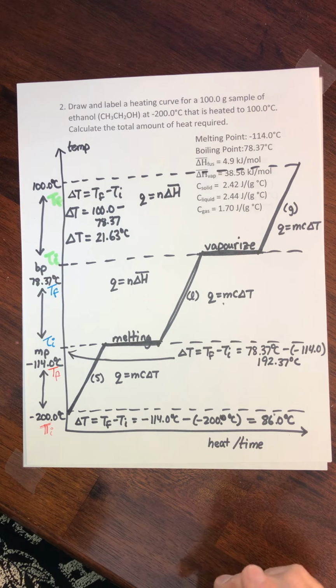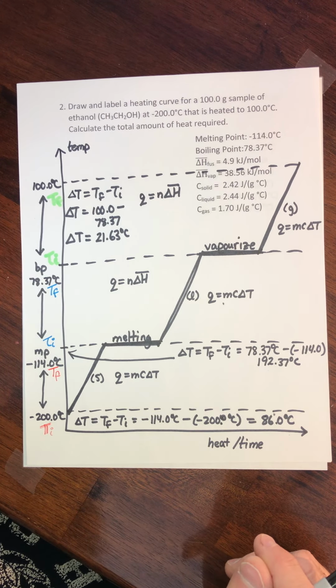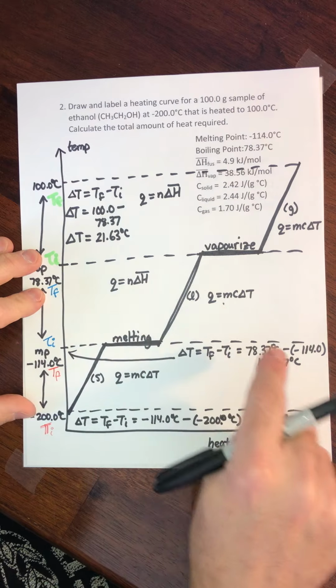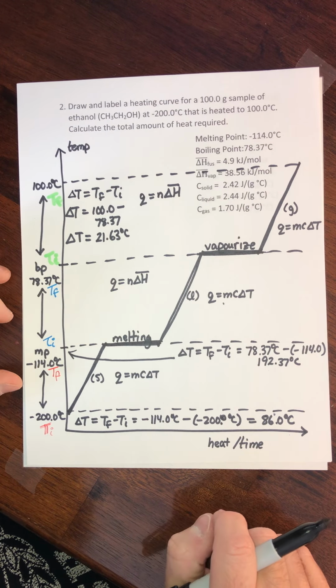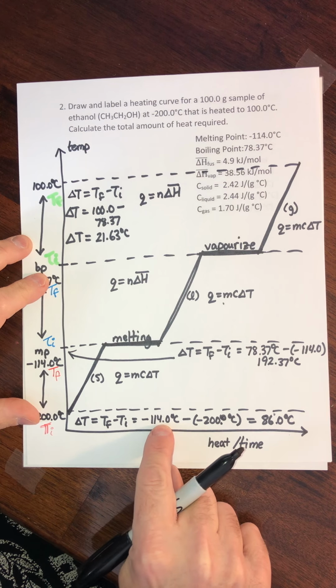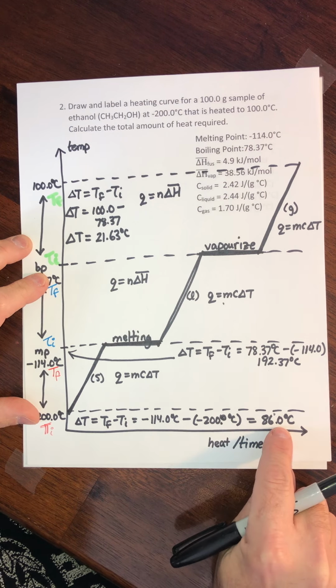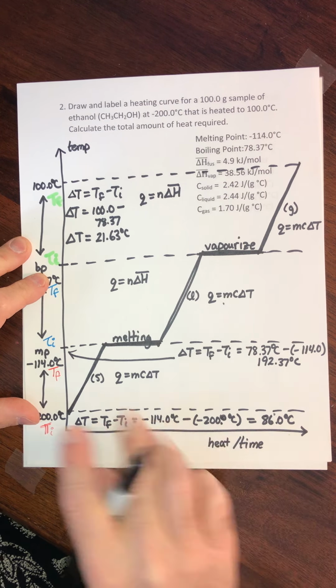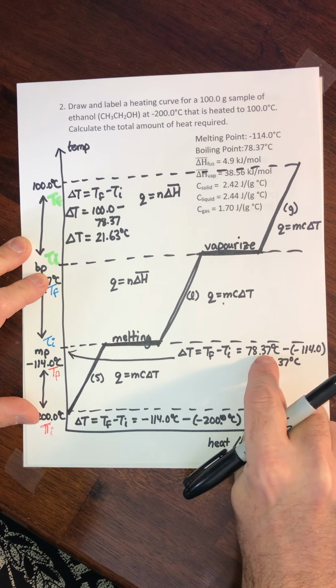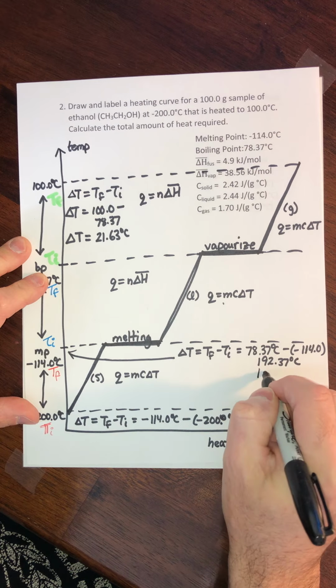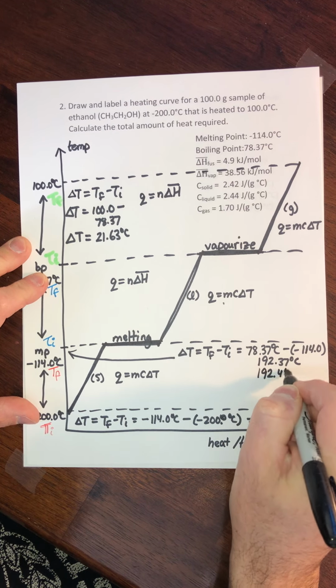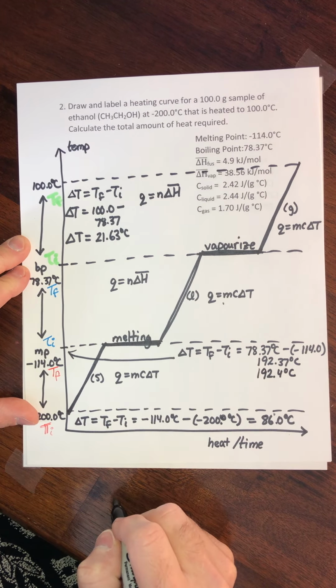Now, if we do talk about significant figures while we're at it, in the world of subtraction, sig figs are all about the least number of decimal places. For this one, I had 1 decimal place and 1 decimal place, so my answer should have 1 decimal place. For this one here, though, this has 2 decimal places, this has 1. So really, my answer should only have 1 decimal place.